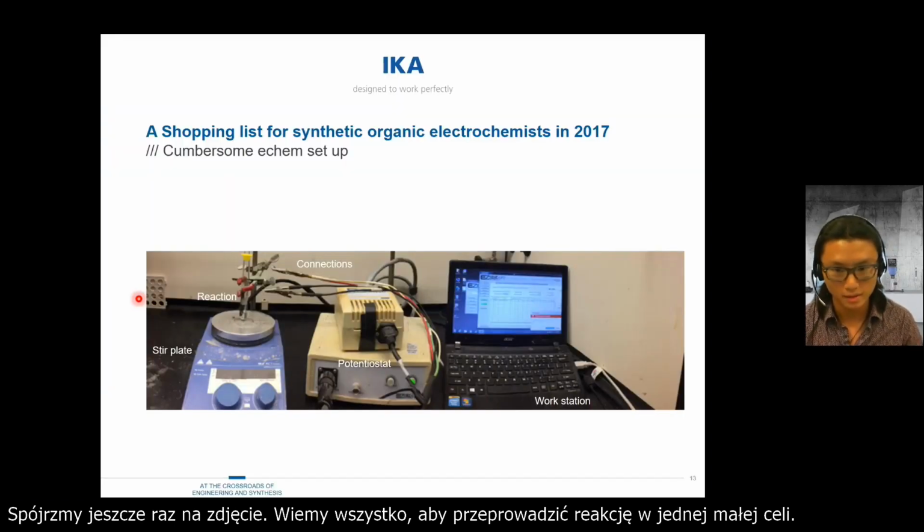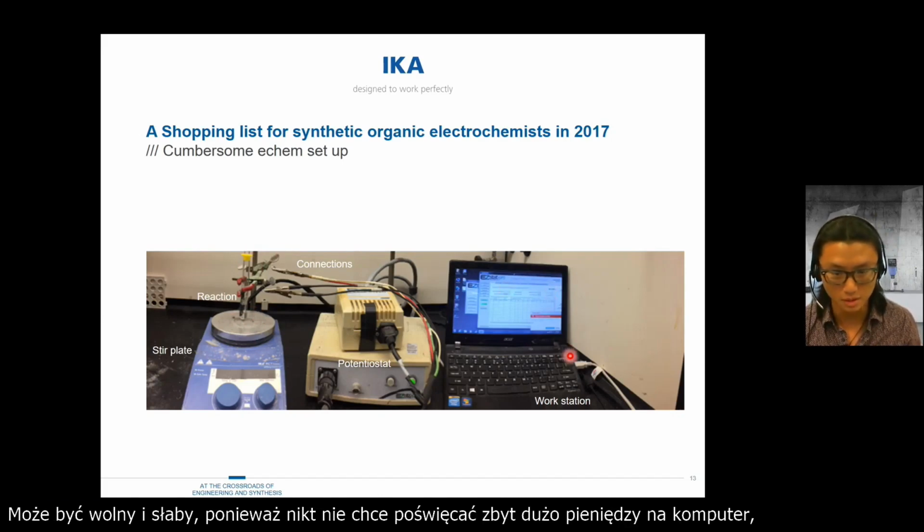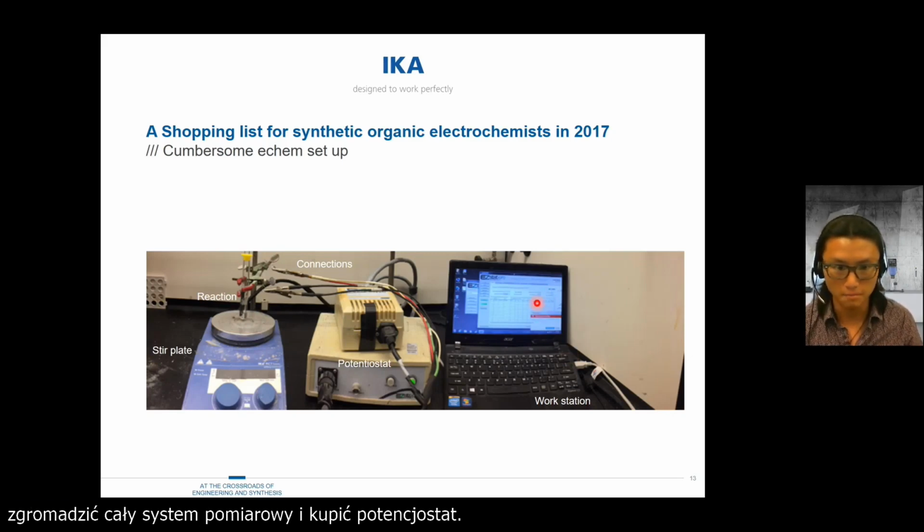So looking back at this picture, in order to set up your reaction, we already know every chemistry is within this small test tube, but you need to put up with a slow laptop because you don't want to spend too much money on a computer that is only used in a lab, but you still need to buy one. And you need to download the software, you need to put up with the license and maintenance, and then you need to buy a potentiostat.